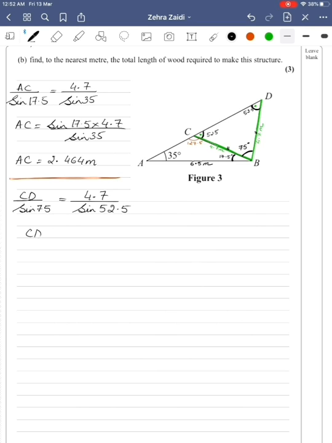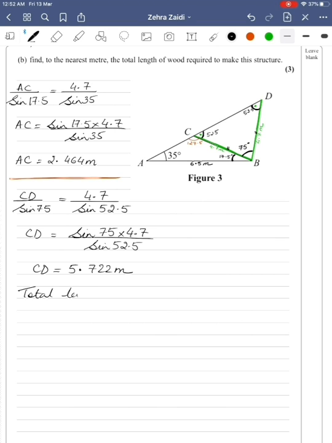Therefore, CD is equal to sine 75 times 4.7 divided by sine 52.5, and calculating on the calculator, we find CD is equal to 5.722 meters. Now all we need to do is to find the total length.